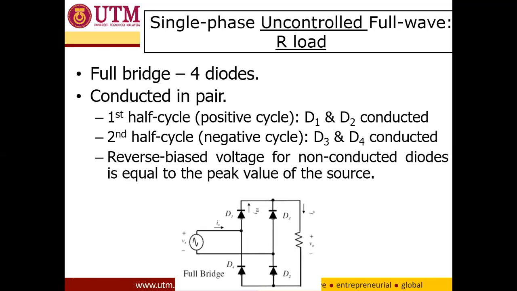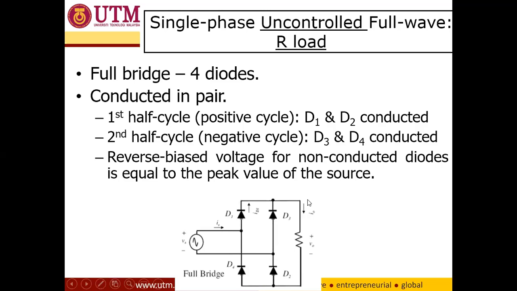In a general operation, this is uncontrolled, meaning that the forward bias and reverse bias of the diodes are determined by the polarity of the source. For the positive cycle, based on this connection, D1 and D2 will conduct, while D3 and D4 will automatically be reverse biased.